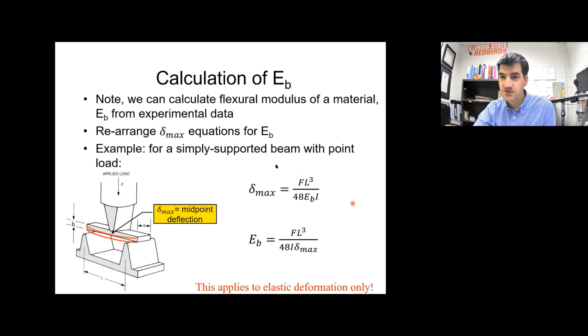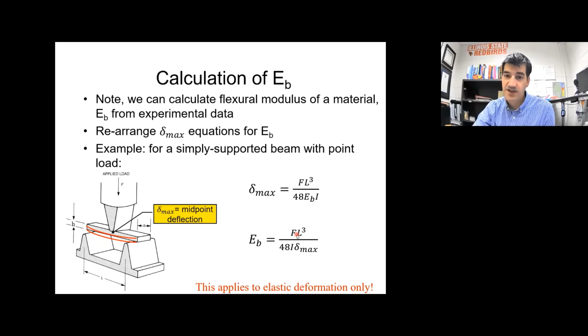So you can use this equation, and if you do the experiment on it, then your only unknown is the flexural modulus. So you can manipulate this algebraically, multiply both sides times the flexural modulus to get it over here, and then divide both sides by the maximum deflection when you had that force applied.